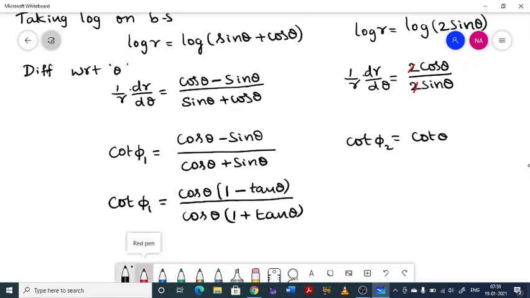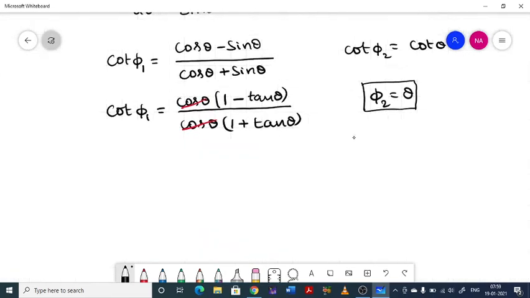Now you can cancel this cos theta, and from this side I have phi 2 equal to theta. So this I have determined, nothing to worry about this one. I have to continue with the first one to find phi 1.